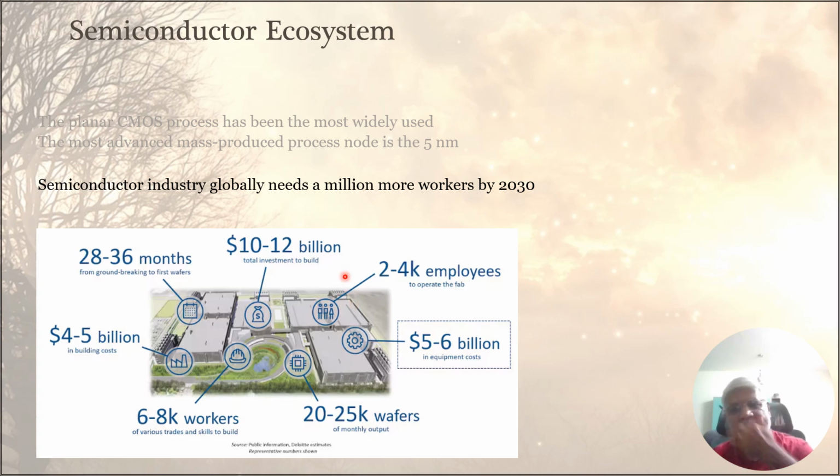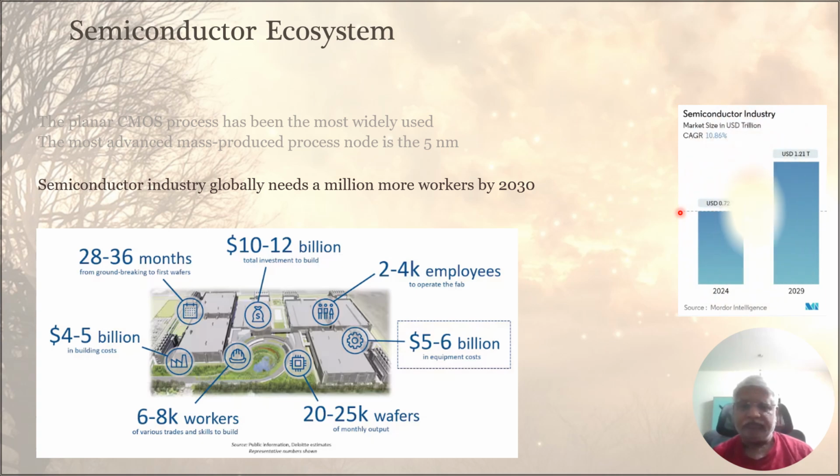So they are counting that by 2030 around a million more workers may be needed by the semiconductor industry. This will also lead to more economy. The market will grow from currently close to 500 to 700 billion dollars all the way up to cross $1 trillion.